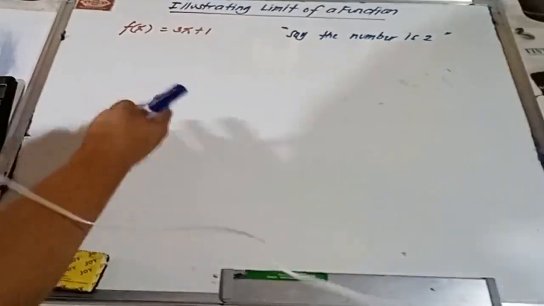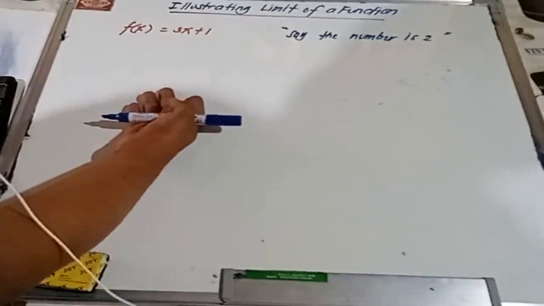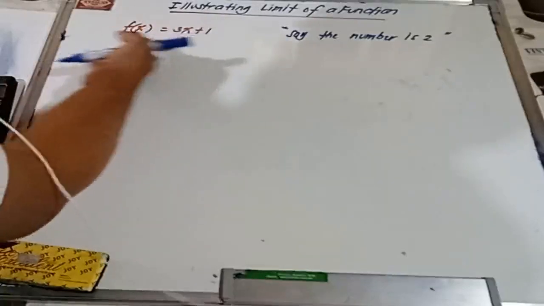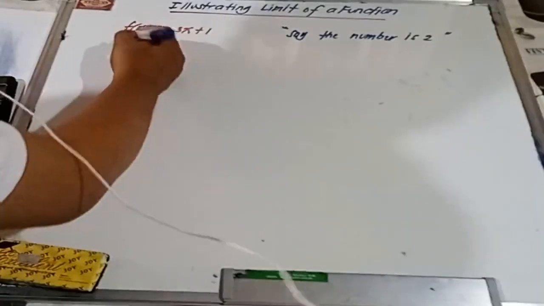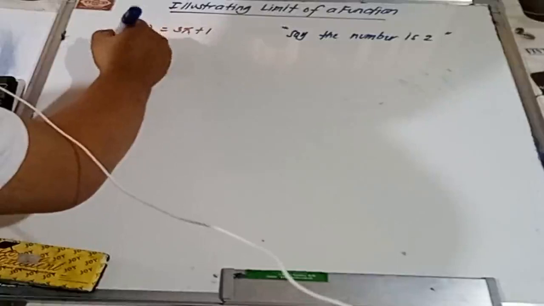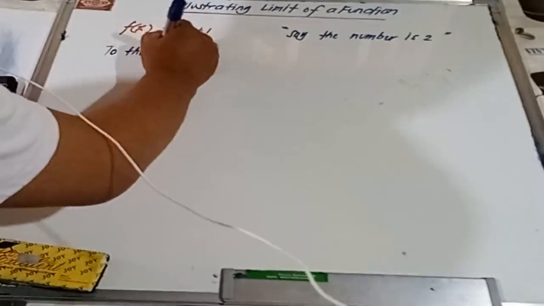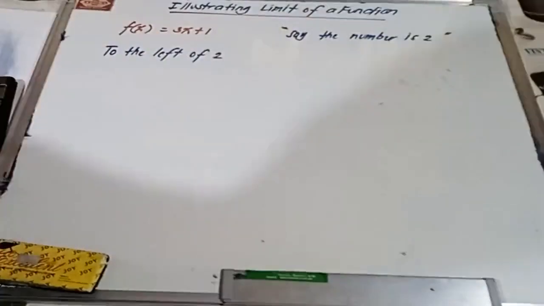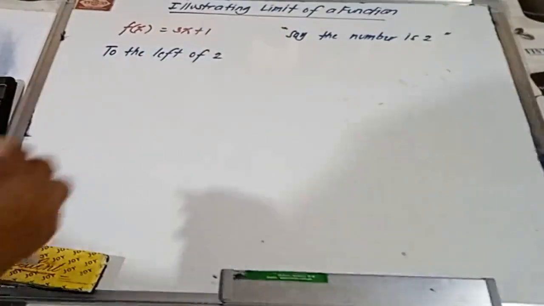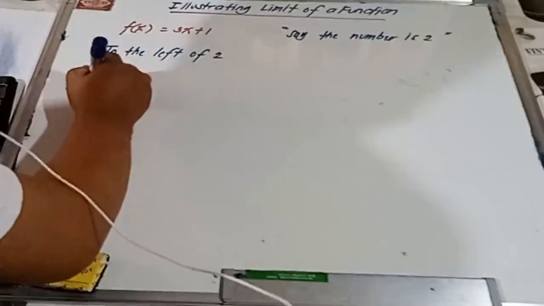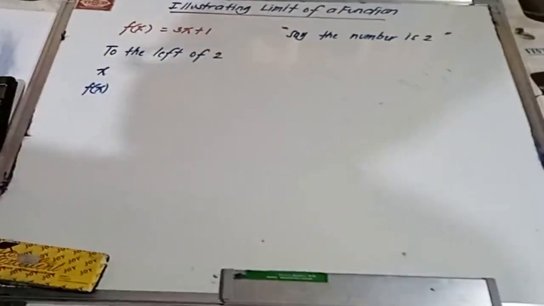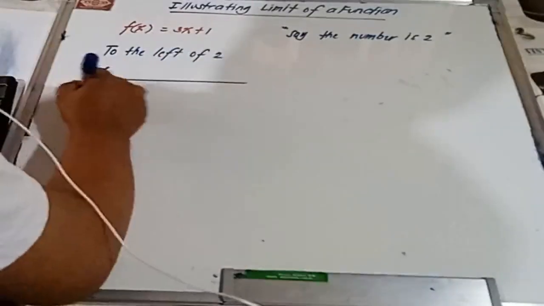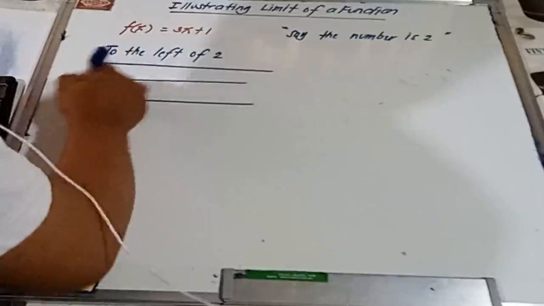Now, we're going to construct a table of values, and we're going to assign values to x that are nearer to 2. Then we're going to solve the values of y. Let's say to the left of 2. So, sa kaliwa. Okay, gawa tayo ng table of values. So, x, f of x. Okay, to the left. Mag-assign tayo ng value kay x.